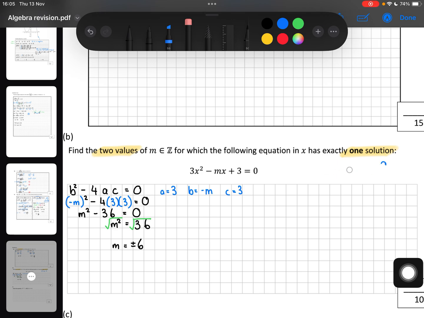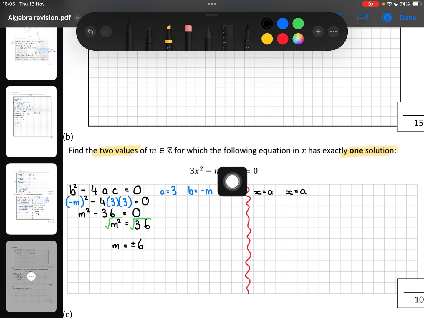Okay, the other way we could do this, but it's slightly more complicated, is to try and say, okay, well, let's make up what that root is. Let's say that my root is something like a. So if x is equal to a is my root both times, then I could try and form this quadratic up here.